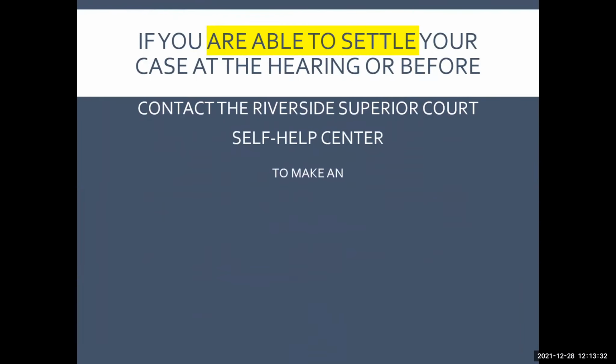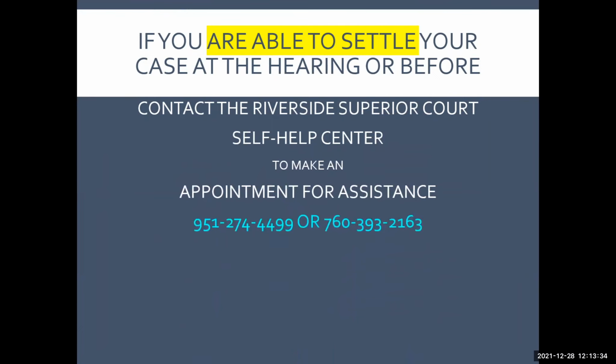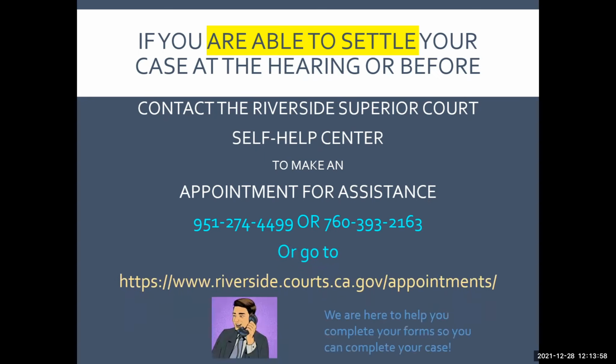If you're able to settle your case at your hearing or before your hearing, please contact the Riverside Superior Court Self-Help Center to make an appointment. You can do so by telephone at 951-274-4499 or 760-393-2163, or go to our website at riverside.courts.ca.gov/appointments.